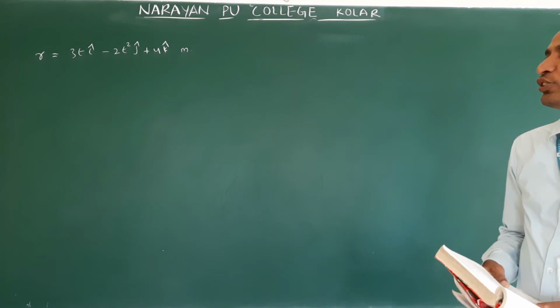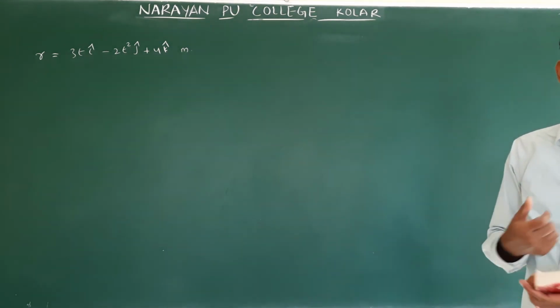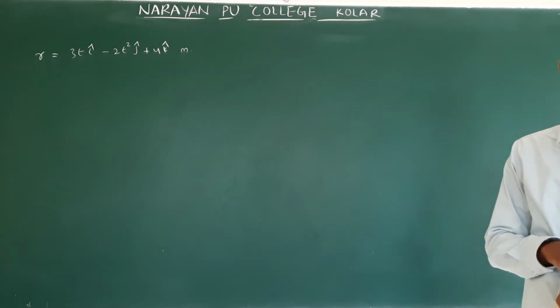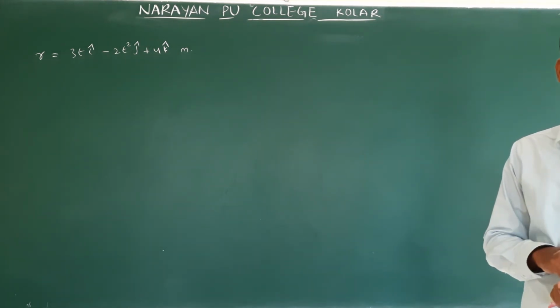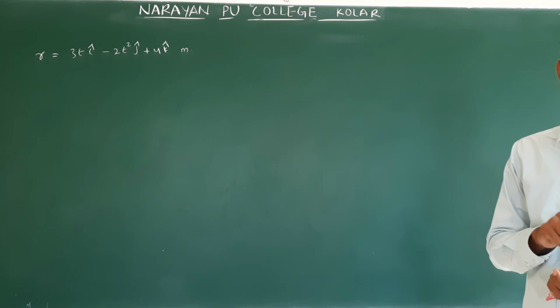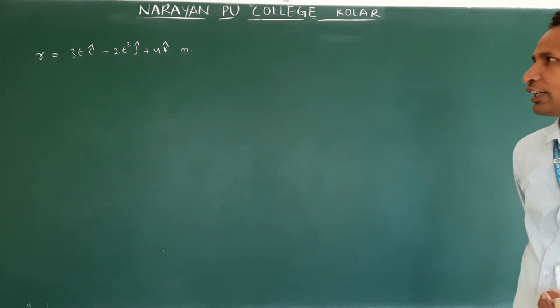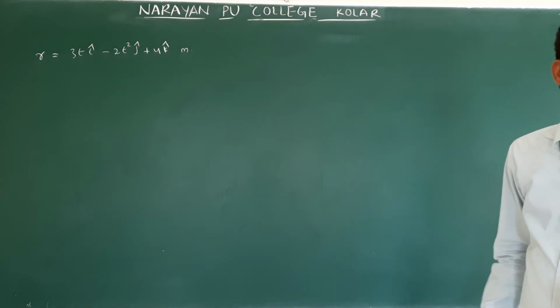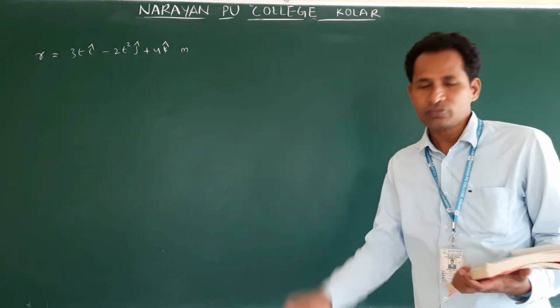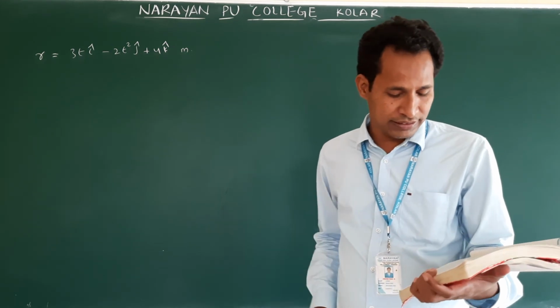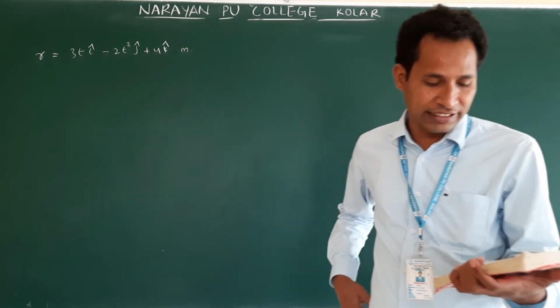These point zeros are there, don't worry about that. The significant figures concept you need to understand, why they wrote those point zeros, decimal places. That we will discuss in units and measurements. Till then, you can write directly, no problem. Whether you write it or not, nothing affects the question. We will start units and measurements. Don't worry, in that lesson you will understand what significant figures are and why they wrote it like this.